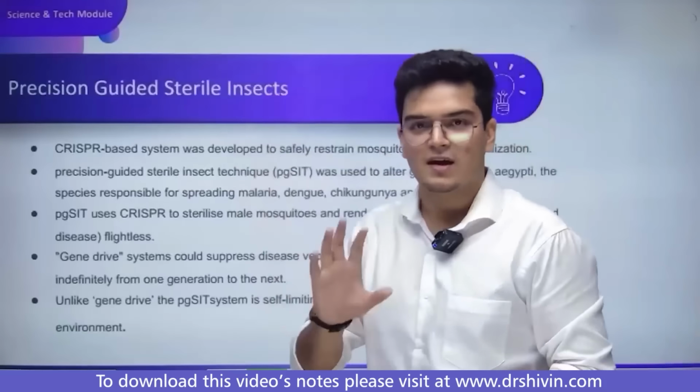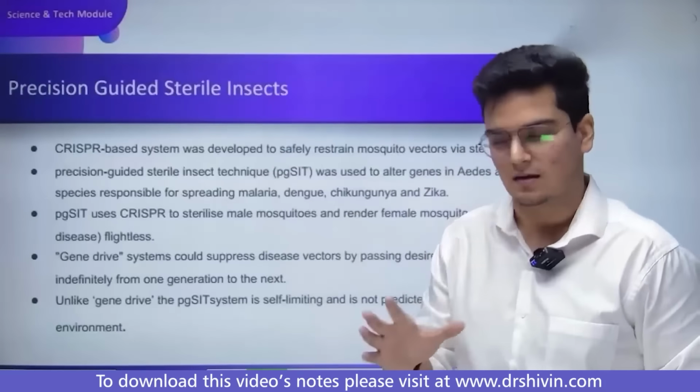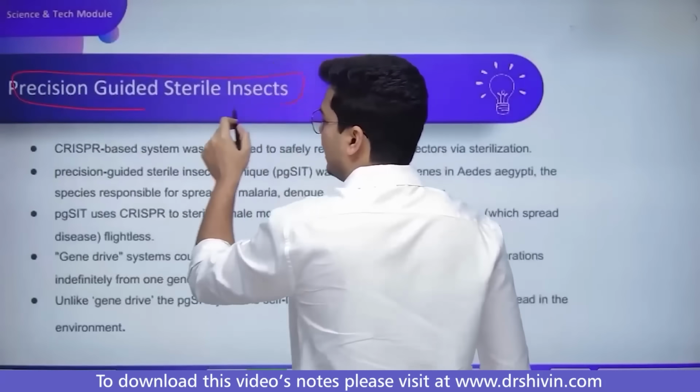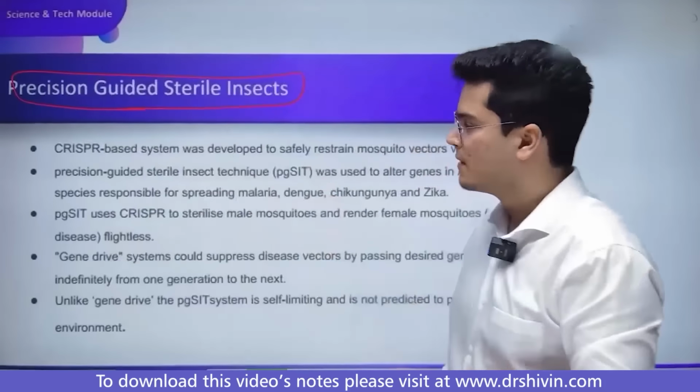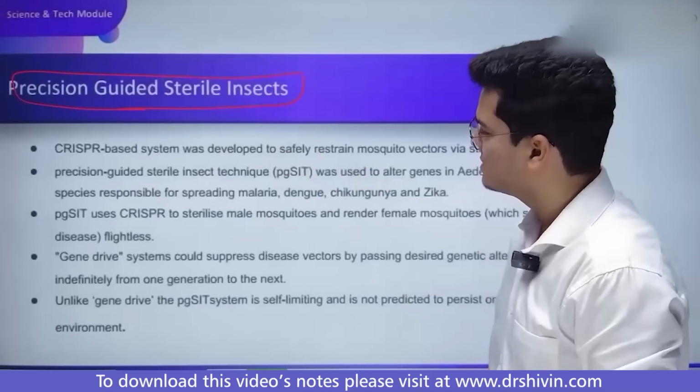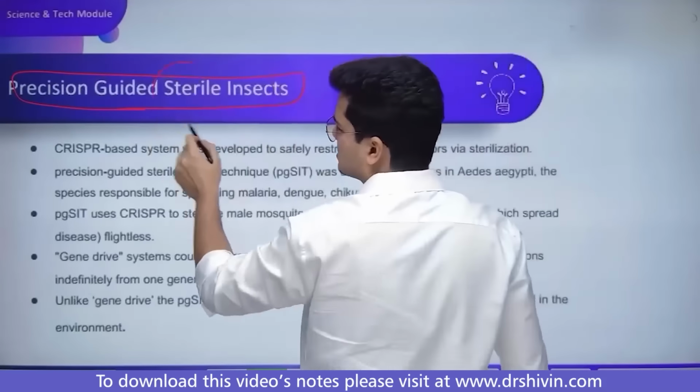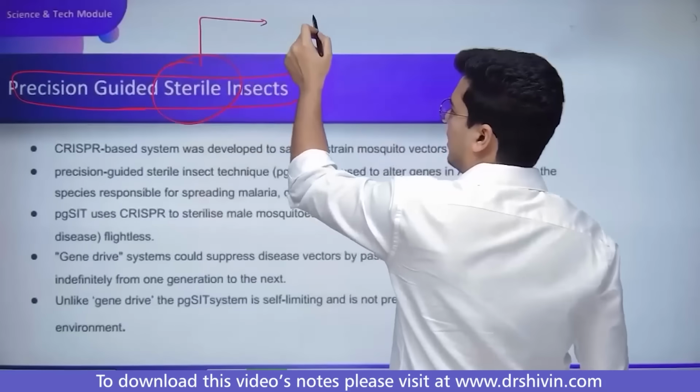Now let's see where we have used CRISPR-Cas9. We have used it in precision guided sterile insects. Let's do a word breakdown first, not read first. Sterile: one thing is fertile.